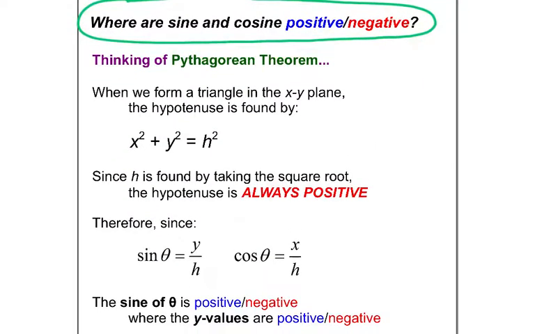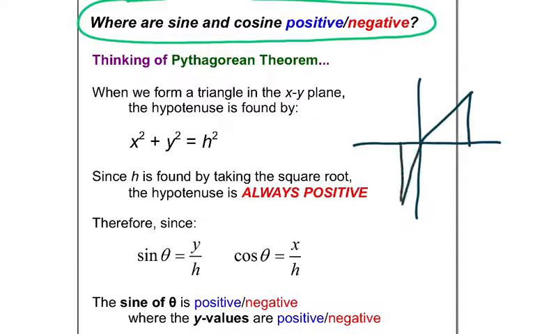Whenever we draw an angle in our coordinate plane, no matter where the triangle is, to find the hypotenuse we are always using the Pythagorean theorem, which means we're always doing a square root. When you take a square root, you get a positive number out, right?